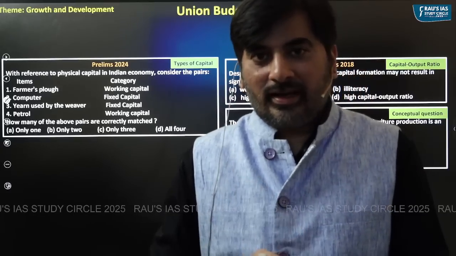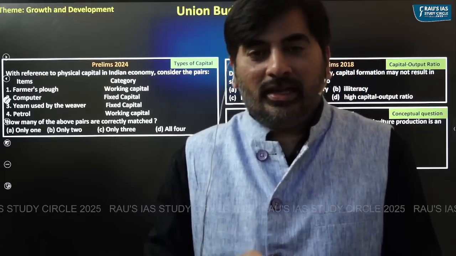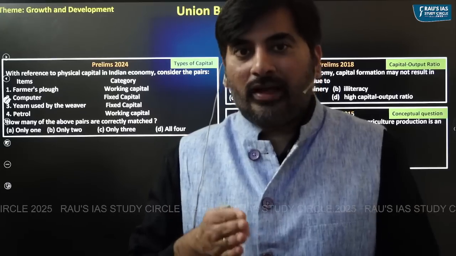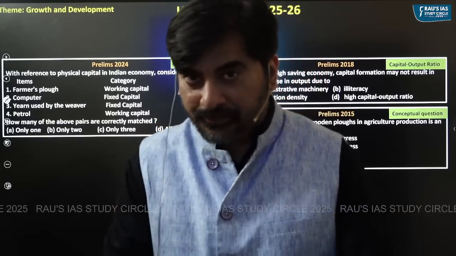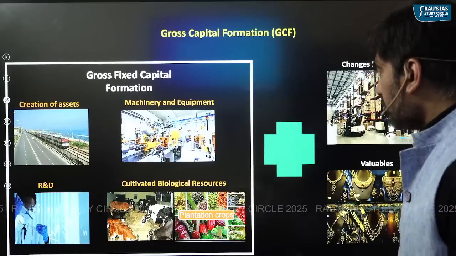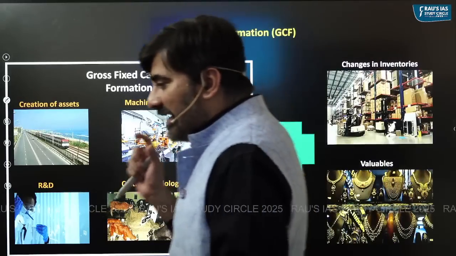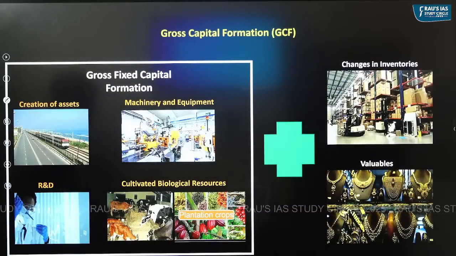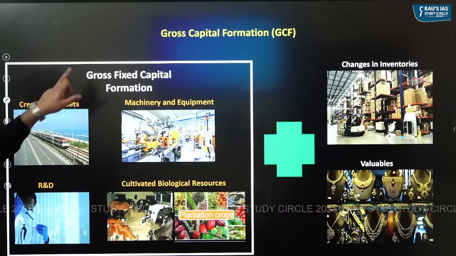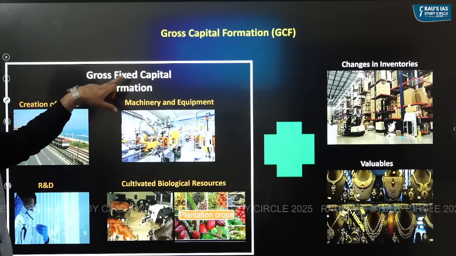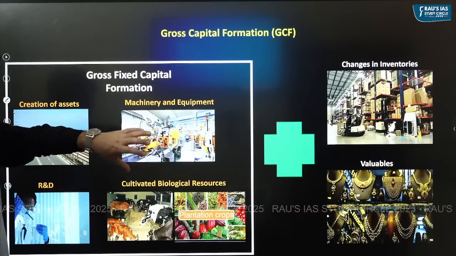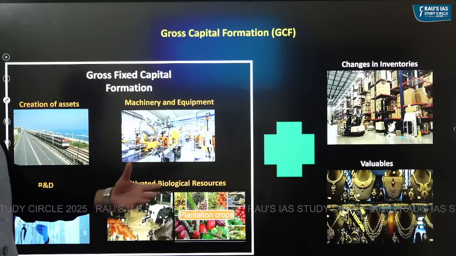So let's understand what is the meaning of gross capital formation that we use to calculate our GDP. So when we say gross capital formation, GCF, it includes three components, as you can see: gross fixed capital formation, changes in inventories, and changes in valuables.